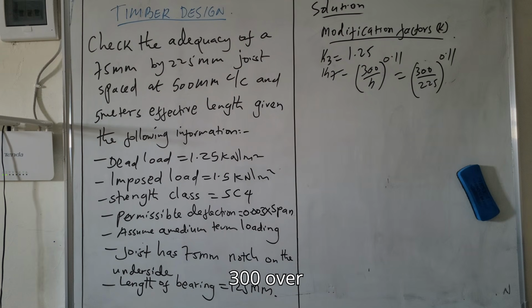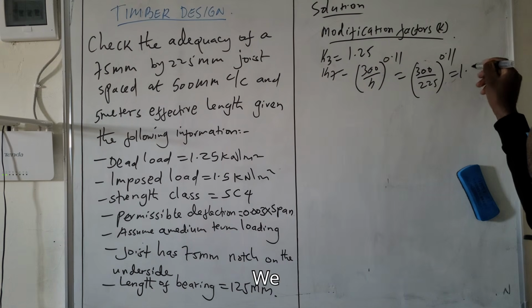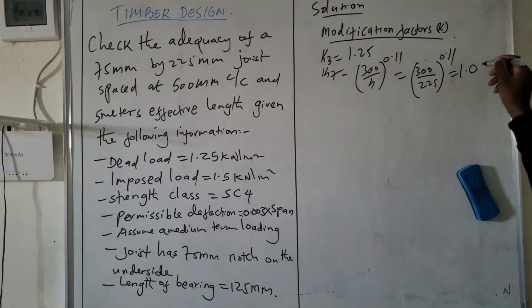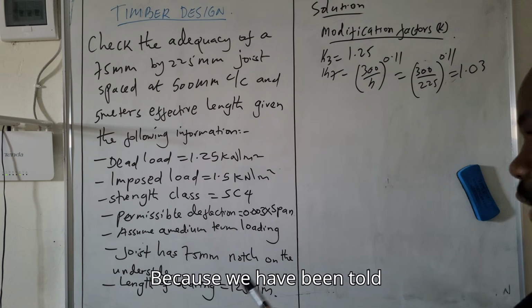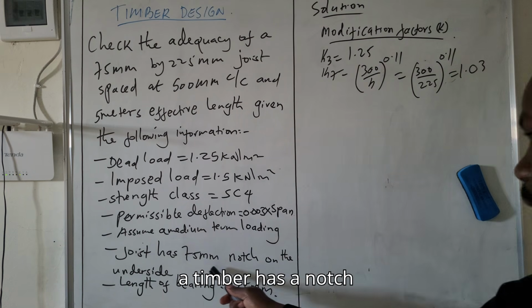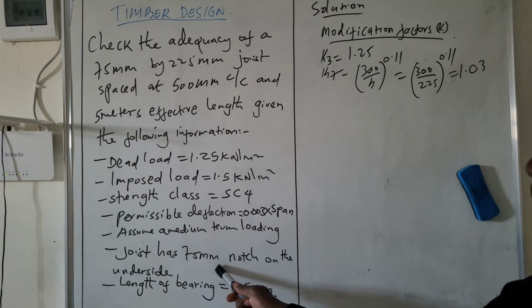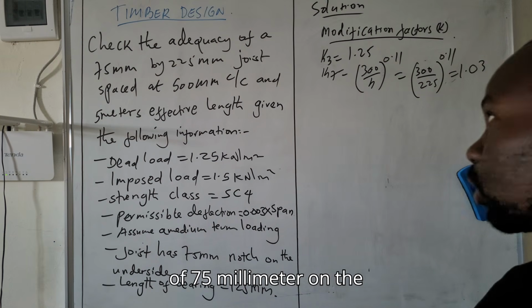So 300 over 225 raised power 0.11. So our K7 is 1.03.